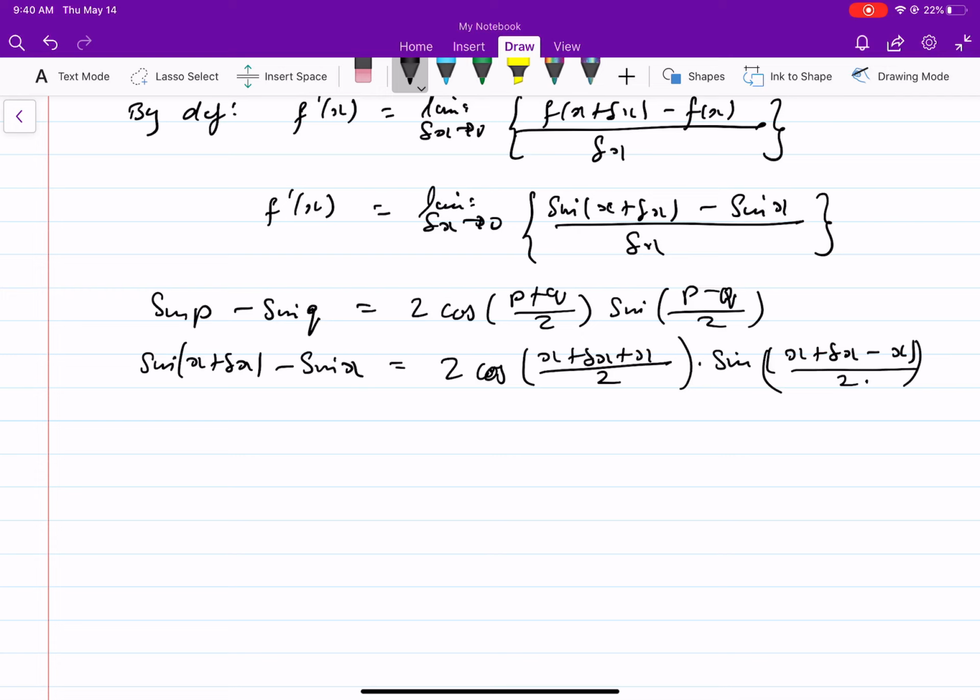Okay, if we were to simplify, this becomes 2 cos of 2x plus delta x upon 2 times the sine of x minus x disappears, and I get delta x upon 2.